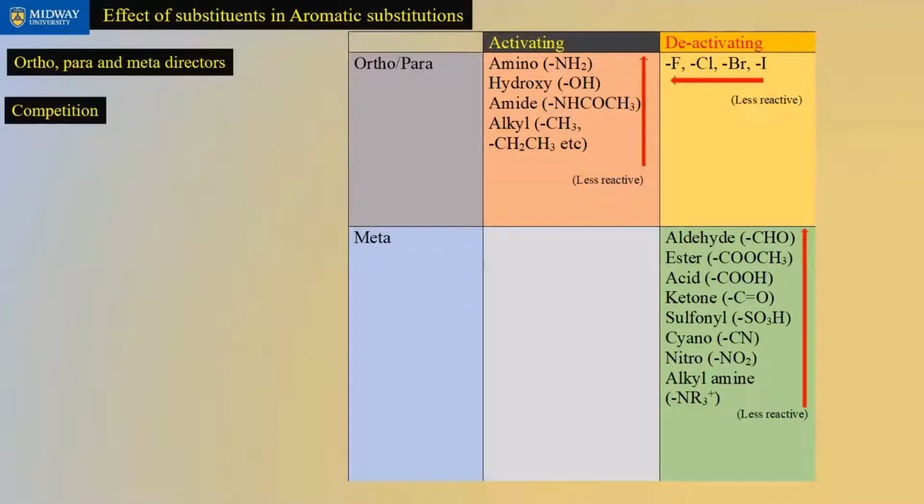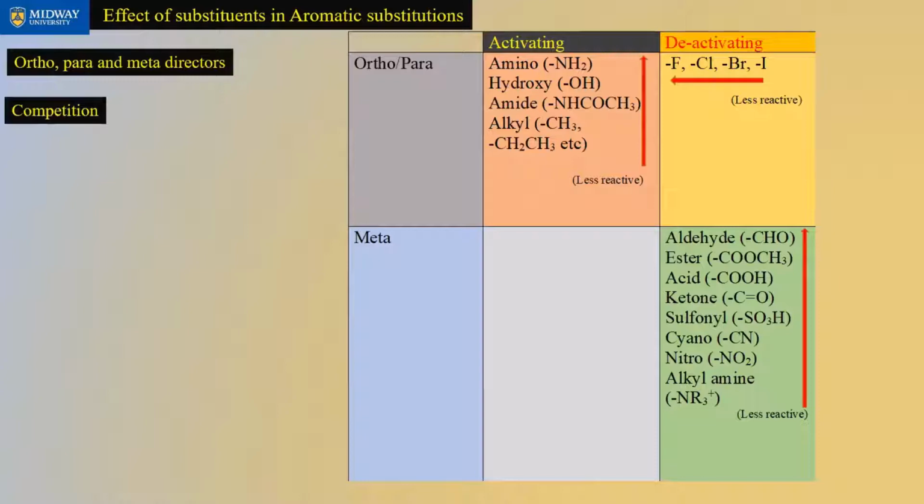Now, if you look at this chart, previously I did not focus on it because that was not the focus at that point. Let's say we have two activating groups, like in case of amino and hydroxy. Then, as I said, the arrow goes up. That means amino is more activating, that is more reactive than hydroxy.